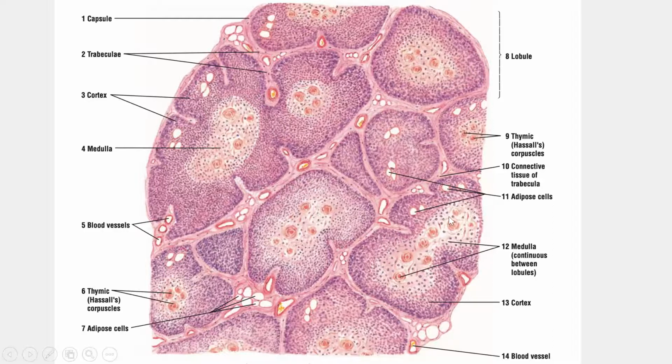In the medulla of the thymus, we have some roundish structures, which we call Hassall's corpuscle or thymic corpuscle. They are actually the graveyard of epithelio-reticular cells, the dendritic cells, and the dead lymphocytes. By aging, the number of thymic corpuscles increases, and we don't know their function yet.